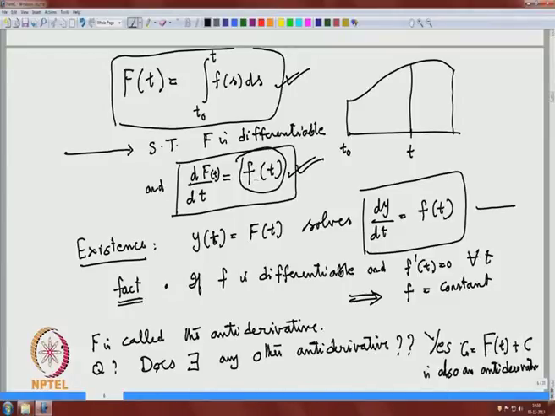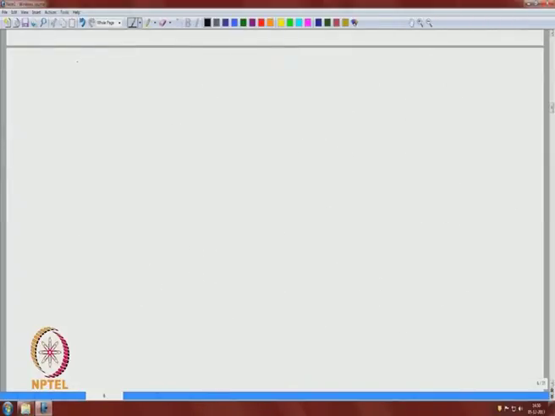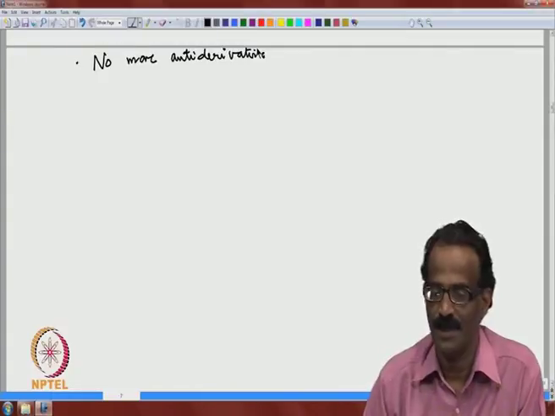So, the question is answered by the third part: no more antiderivatives. These three together, the existence of that antiderivative, F prime equal to 0 implies constant, and no more antiderivatives, give you your fundamental theorem of calculus.